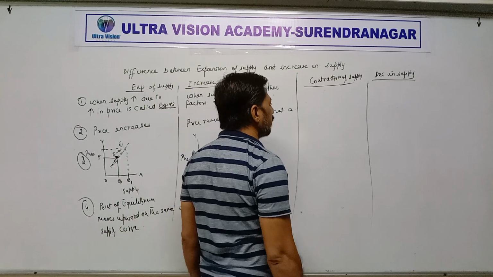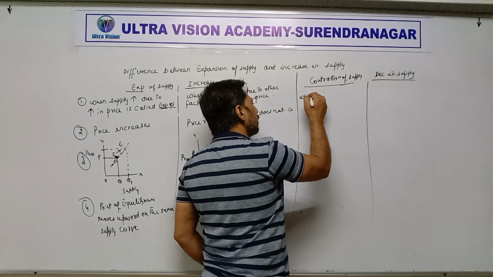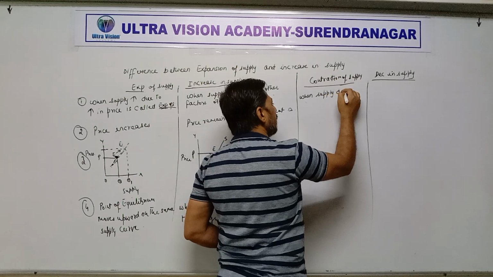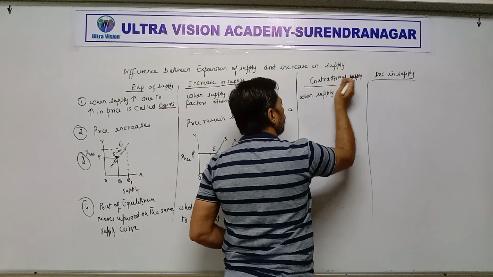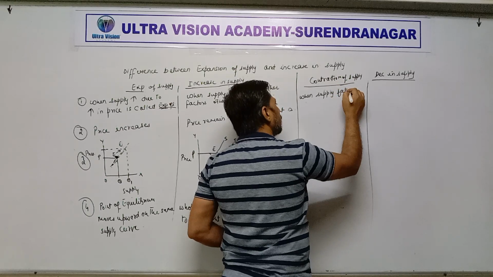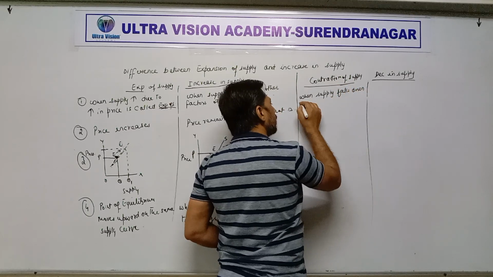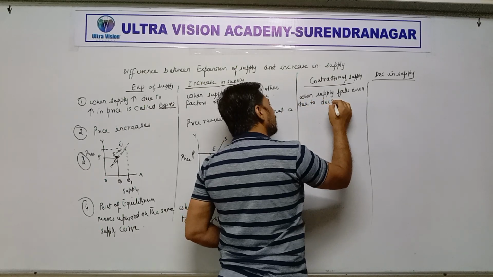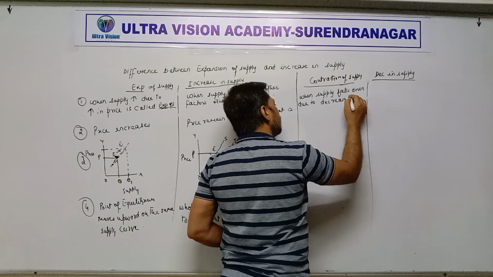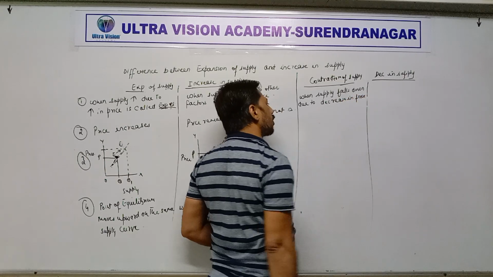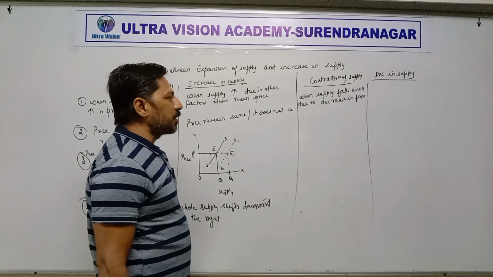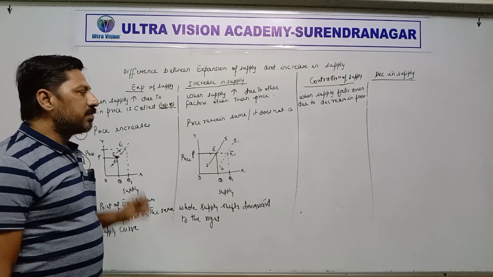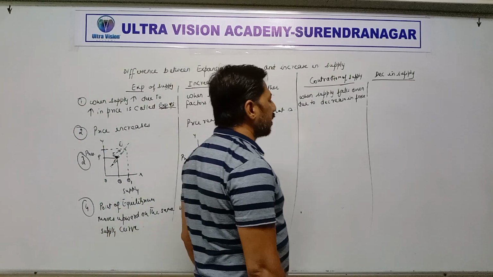In case of contraction of supply, when supply decreases, not increases, falls down, due to decrease in price, then it is called contraction of supply. So whenever supply falls down or reduces due to decrease in price, then it is called contraction of supply.